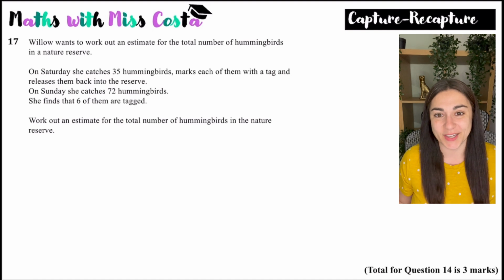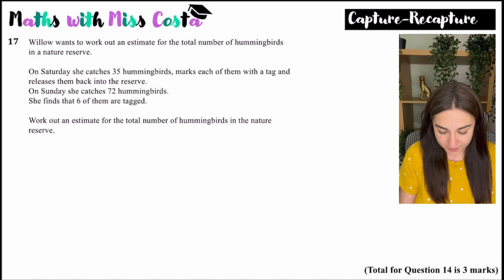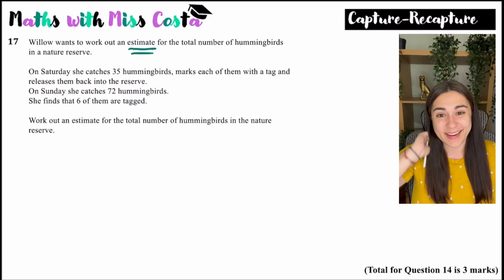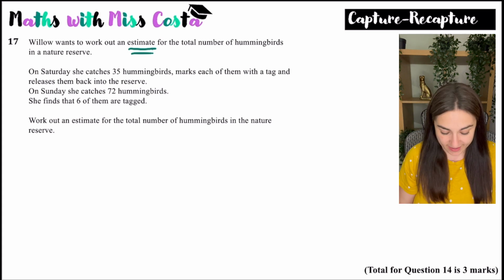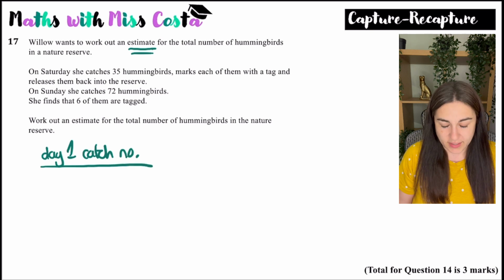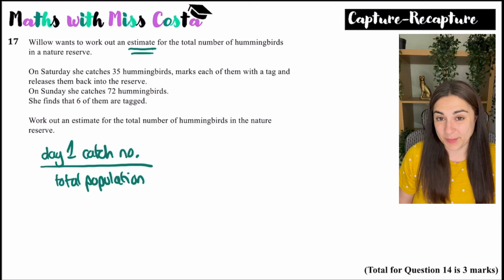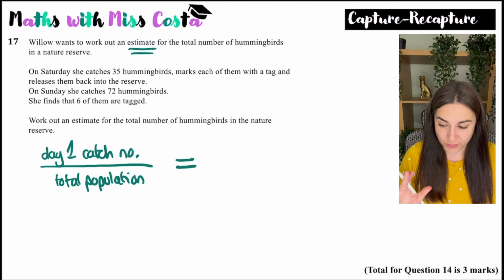Okay, so Willow wants to work out an estimate for the total number of hummingbirds in a nature reserve. Now this is the capture-recapture method, and essentially it's saying that if you catch, let's say on day 1, however many you catch on day 1, over the total population, is going to be an equivalent fraction to what you then catch on another day.